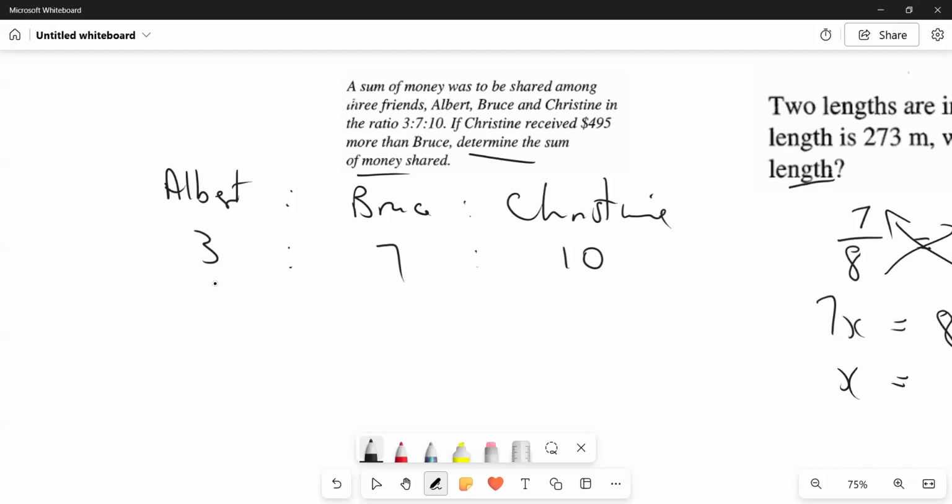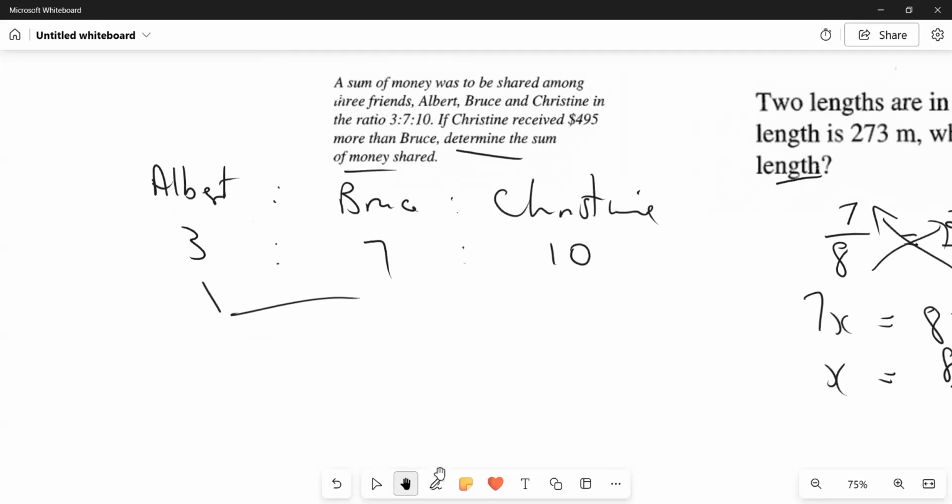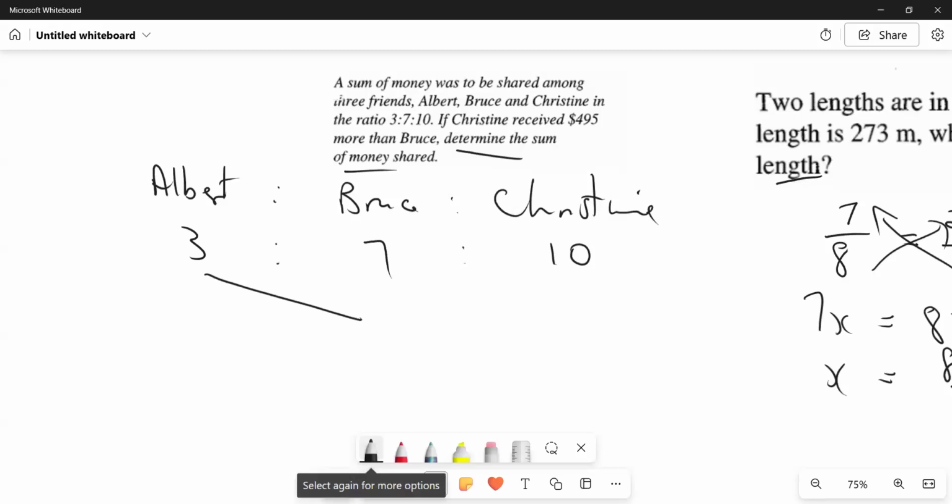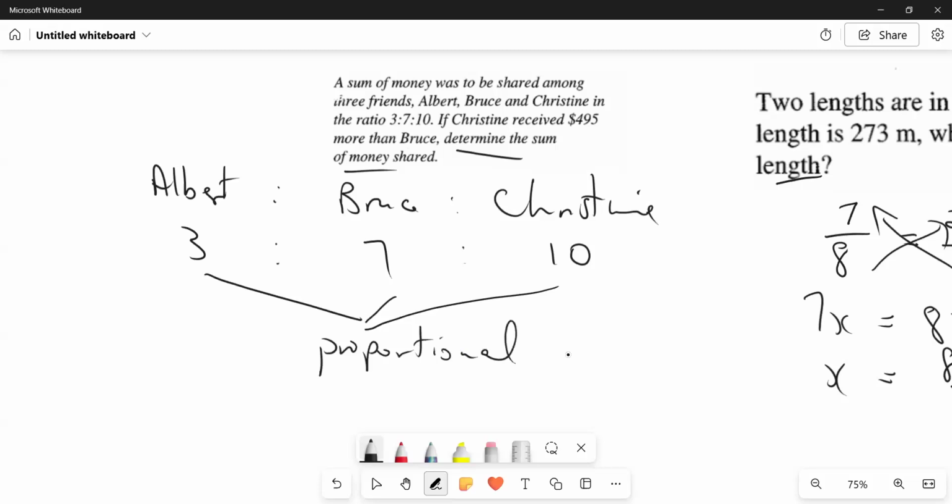So what do we call these, right? We call these proportional parts. Let me write that. That's what we call it.